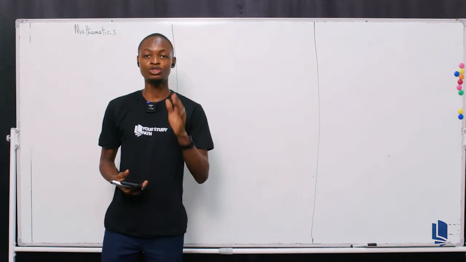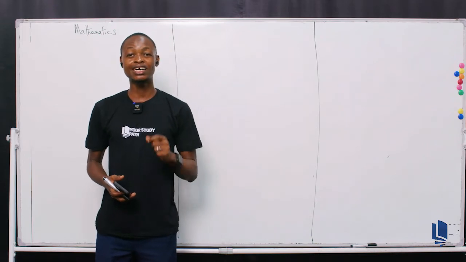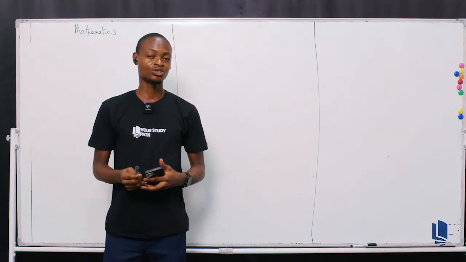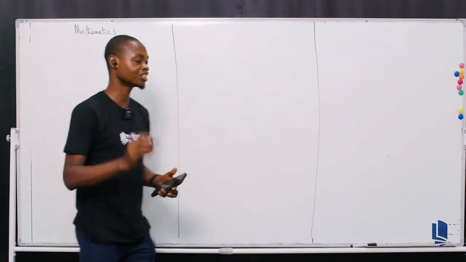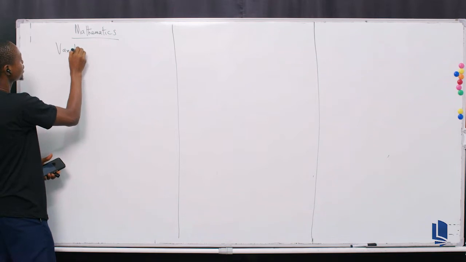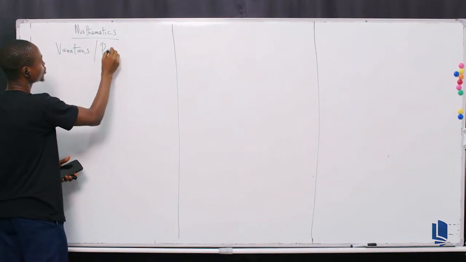For this Jamb journey, we would be looking at a very interesting and important concept of mathematics. This concept is the concept of variations. In some texts, you would also see it as proportions.